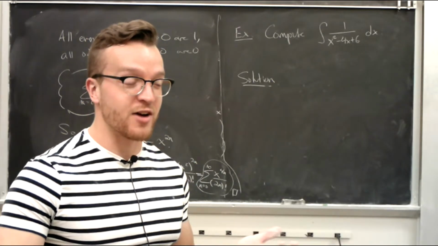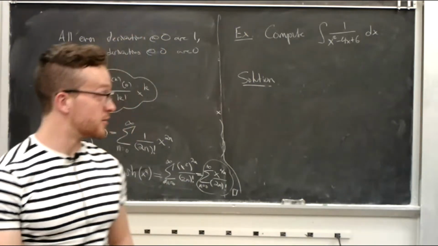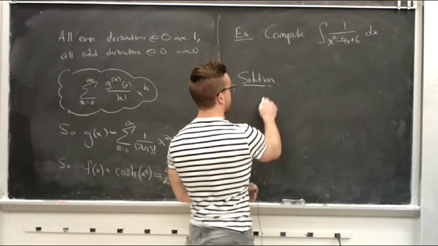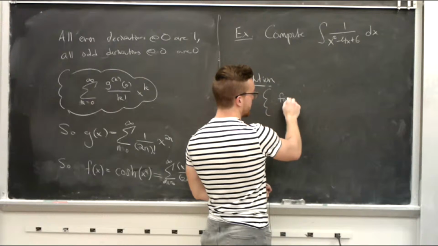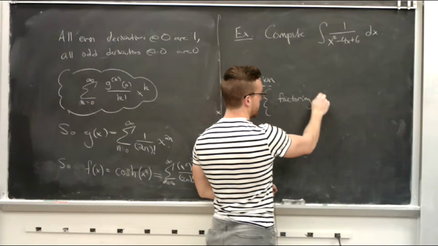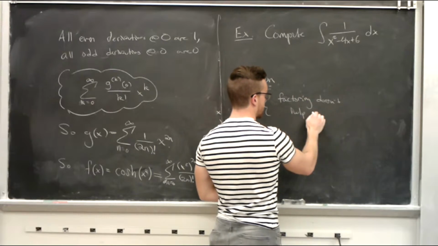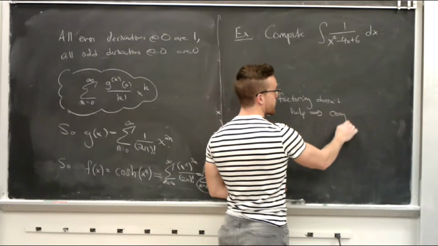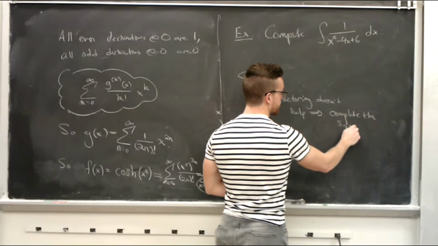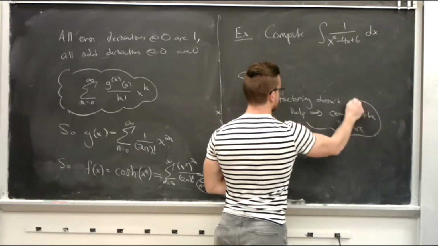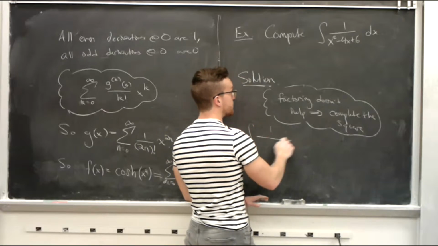So I'm out of options, and this is where I think, oh, maybe I can complete the square and do some kind of trig thing. So let's do that. Factoring doesn't help, so I'll try to complete the square and see if that helps. How does that work?